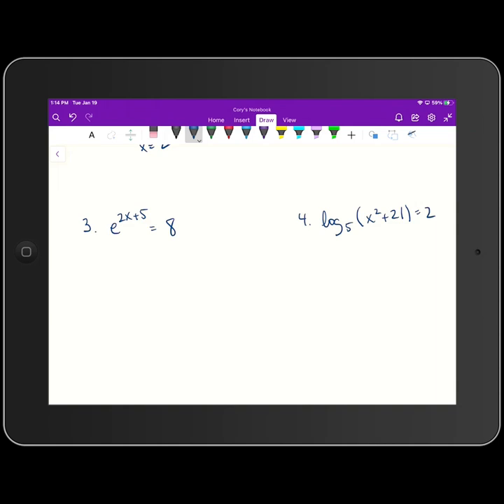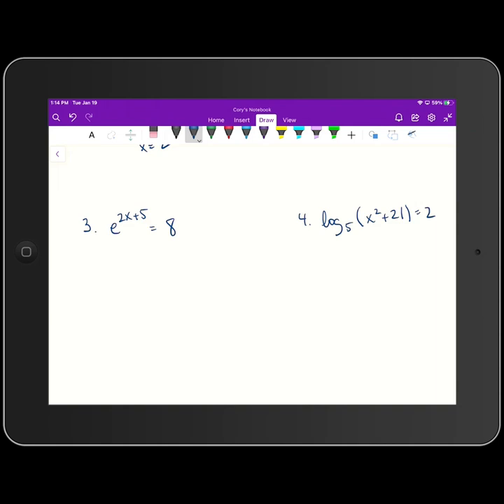And the problem that we have is we don't know how to rewrite 8 as an exponent with base e. So we only have really one other technique that we can use to work around this problem, and that is to rewrite this exponential equation as a log equation.